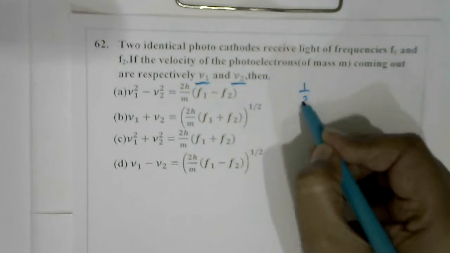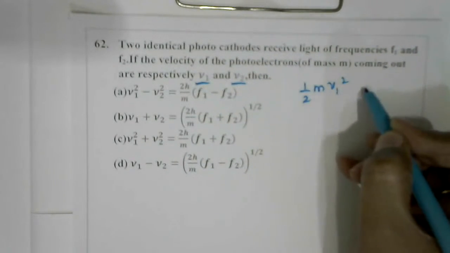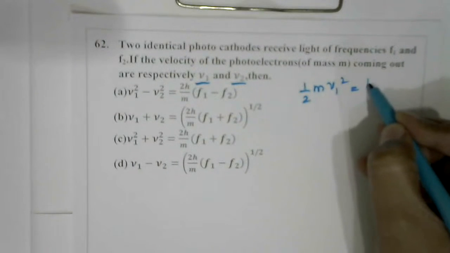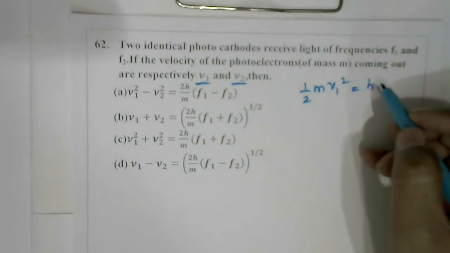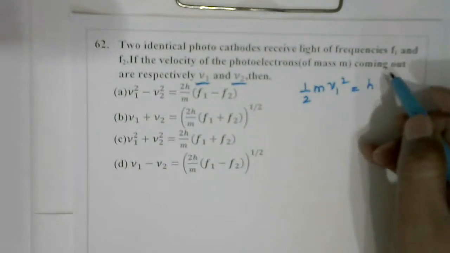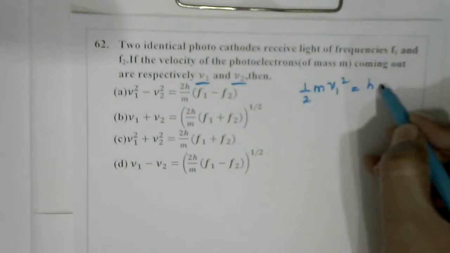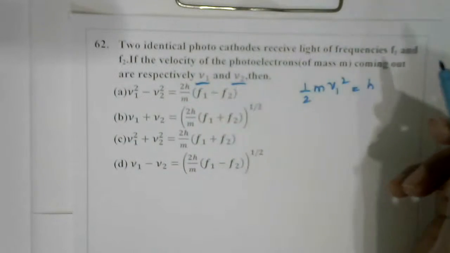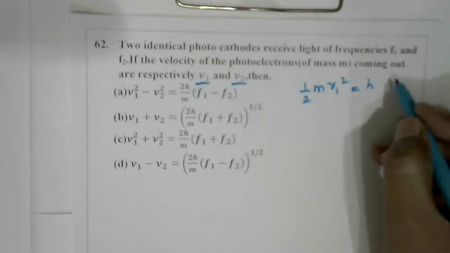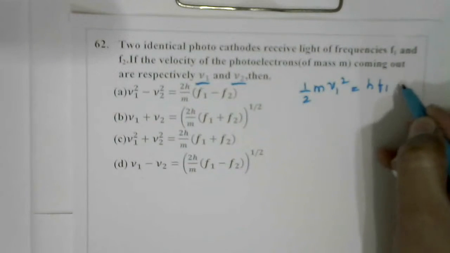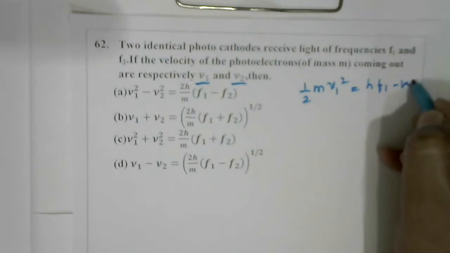We know that half m v1 square will be equal to h f1 minus work function.